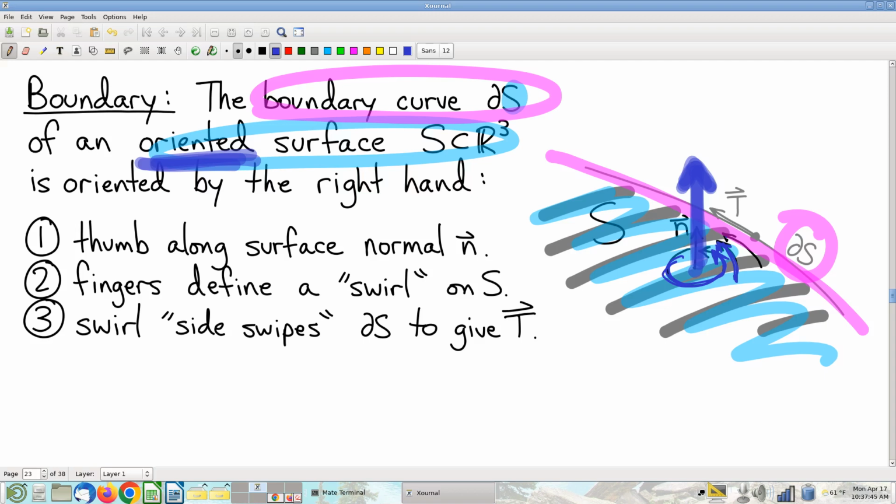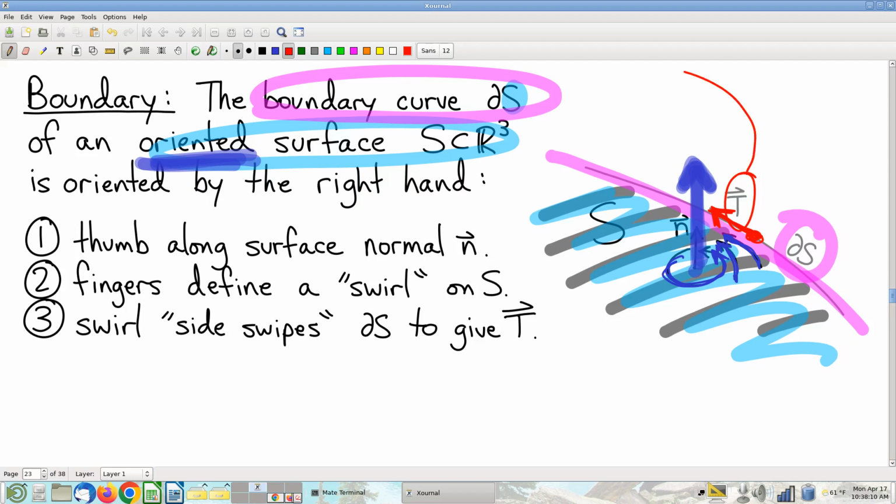So that swirl then, if you move close to the surface, that swirl will sideswipe up against your boundary curve in a direction that is one of your two orientation options, and this is what we call the intrinsic.